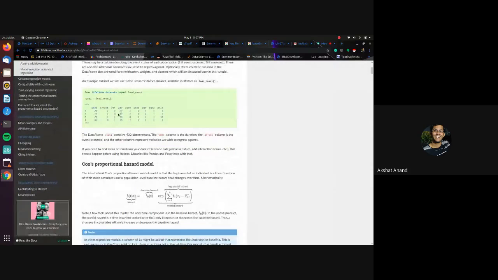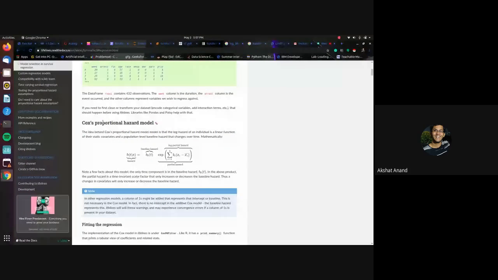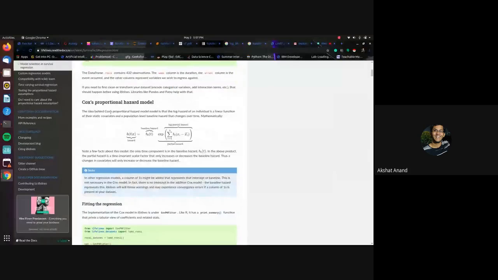So this is the data set and how we can identify the data set can be used for regression. And coming to the Cox proportional model, the idea behind the Cox proportional model is that the log hazard of an individual is a linear function of the static covariates and the population-level baseline hazard function that changes over time. So this baseline hazard function is with respect to time t.